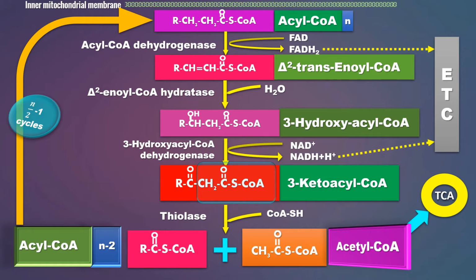So if this is palmitic acid, we will have 8 acetyl-CoA, 7 FADH2 and 7 NADH. So this is with respect to the beta oxidation pathway, especially for saturated even number long chain fatty acids.